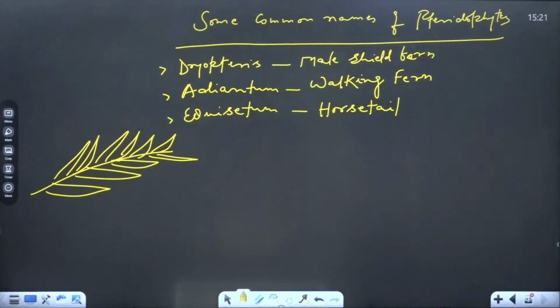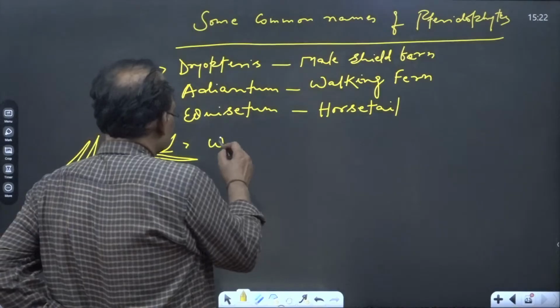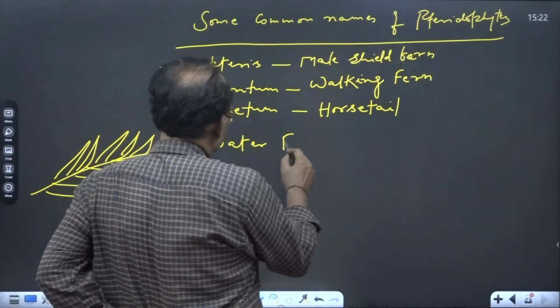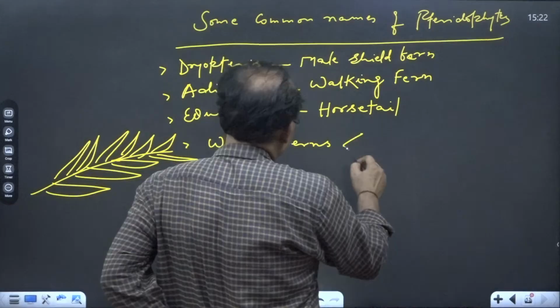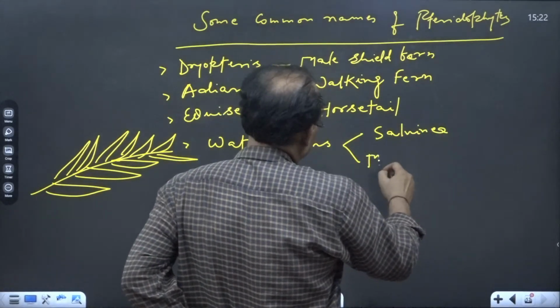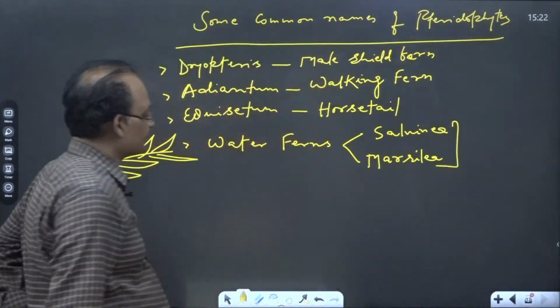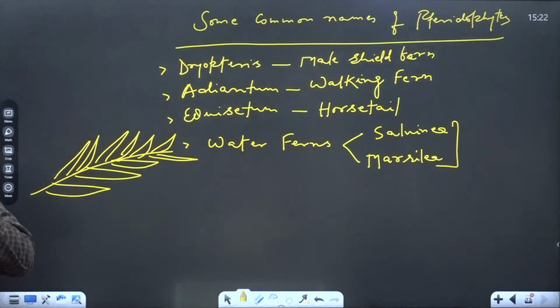Now there are some water ferns. Water ferns are Salvinia and Marsilea. These two are aquatic ferns or water ferns, found in water, right?